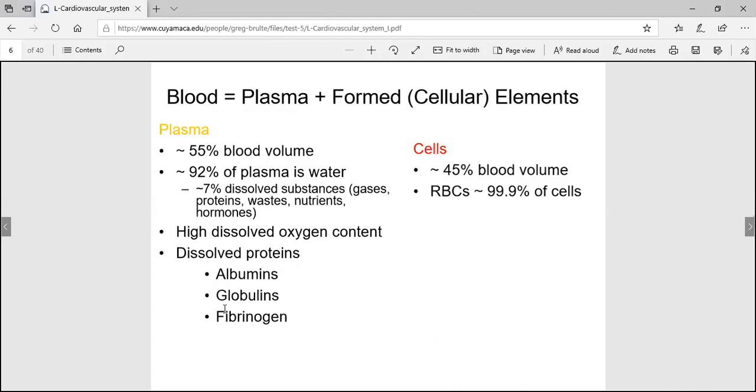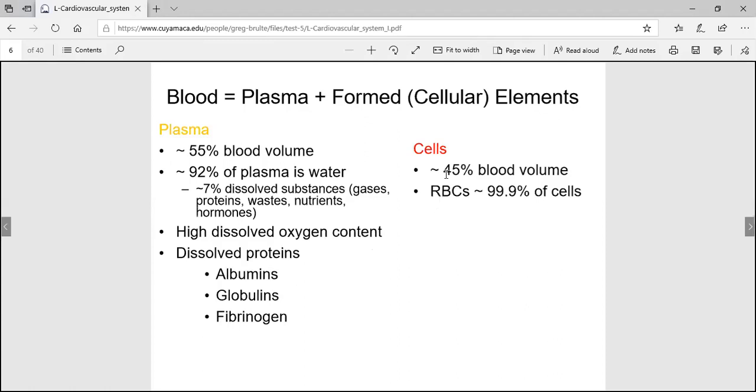Most plasma proteins are made in the liver, but not all of them. Let's do the easy one first, fibrinogen. Think clotting when you see that word. That's the inactive form. It's activated to fibrin, and that helps you make blood clots. Globulins, I want you to think antibodies. And albumins, I want you to think maintaining the viscosity, or how thick blood is, and the osmolarity of the blood.